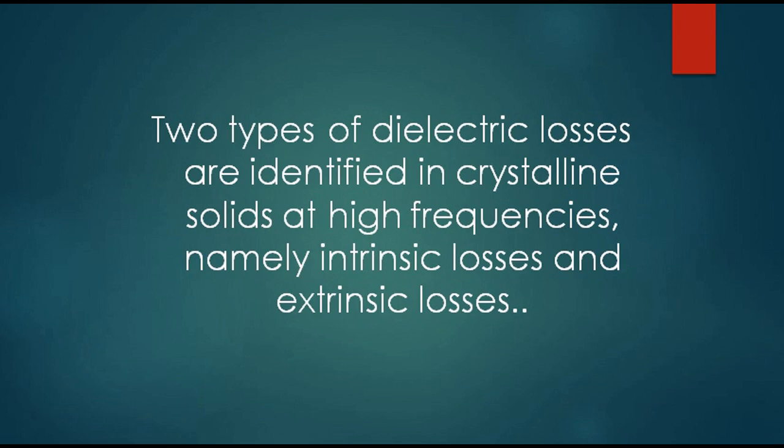Two types of dielectric losses are identified in crystalline solids at high frequencies, namely intrinsic losses and extrinsic losses. I know some of you have heard about intrinsic and extrinsic.